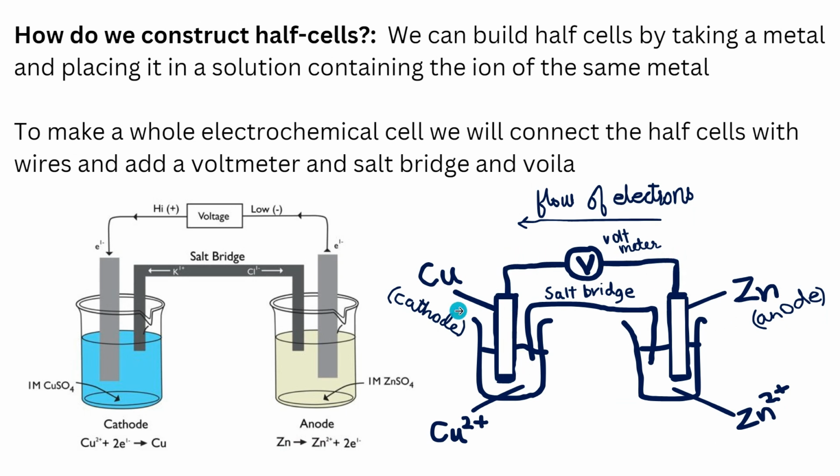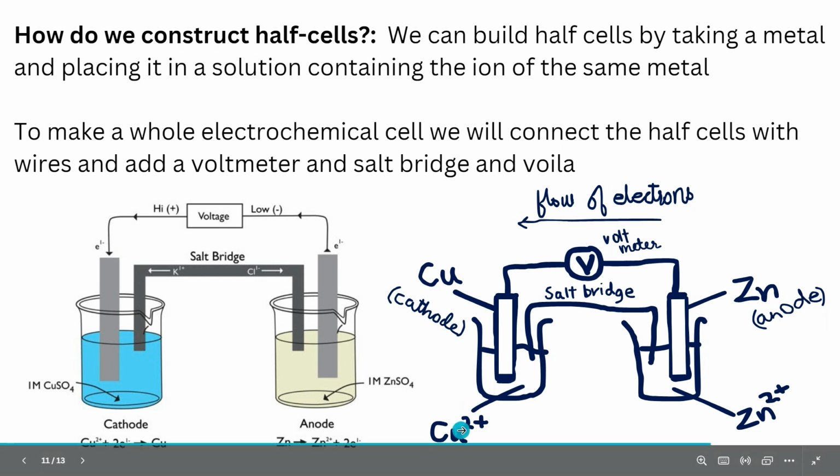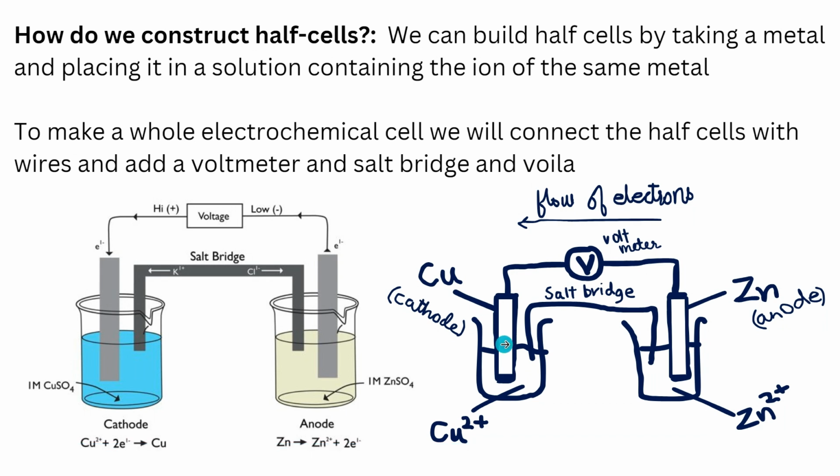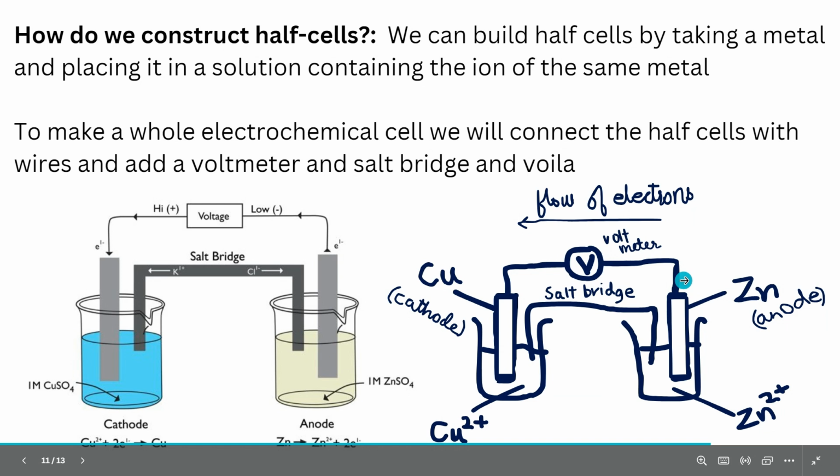And since copper has a more positive electrode potential value, it gets reduced instead. Cu2+ reacts with the electrons that have come to form copper, and we have deposition of copper on this copper electrode. So more copper forms here and the zinc anode dissolves, and until the zinc anode fully dissolves, the process keeps on going.